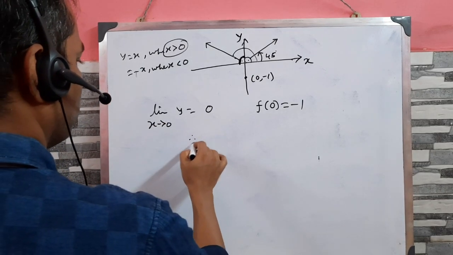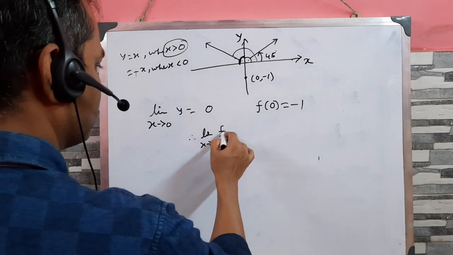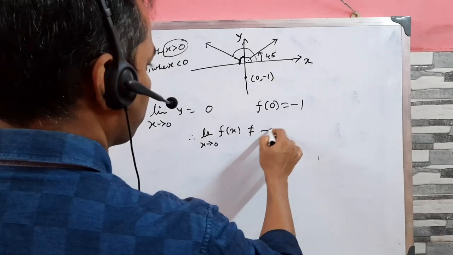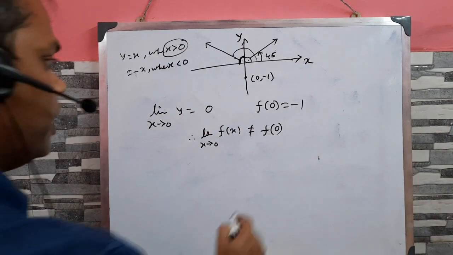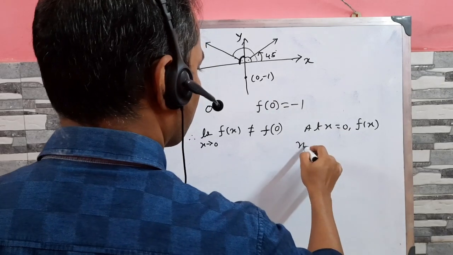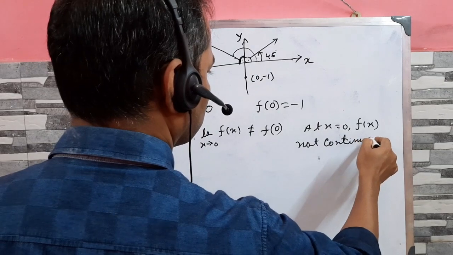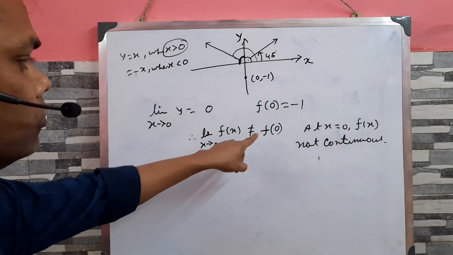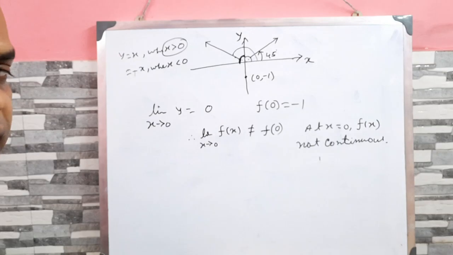So the limiting value exists and equals 0, but the functional value is not equal to that limiting value. So at x equal to 0, f(x) is not continuous. It has a limiting value, but since the limiting value does not equal the functional value, it is not continuous at x equal to 0.